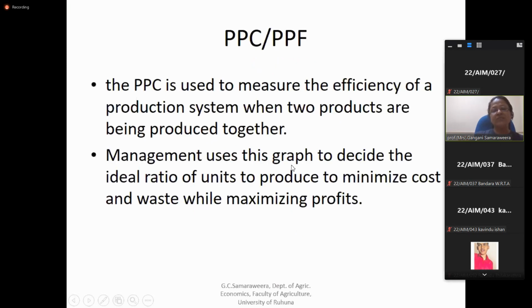So the meaning of production possibility frontier is to measure the efficiency of a production system when 2 products are being produced together. Management uses this graph to decide the ideal ratio of units to produce, minimizing cost while maximizing profits.